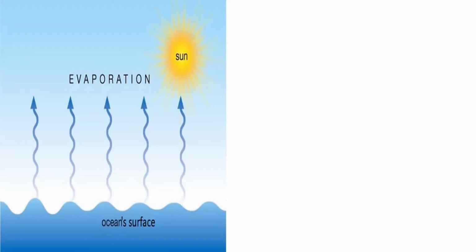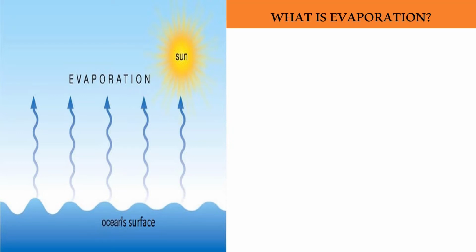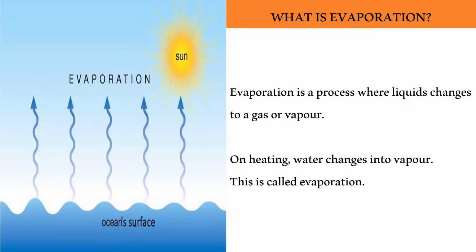Now here there is an ocean surface, evaporation and the sun. What does this mean? What is evaporation? It's written here. Evaporation is a process where liquid changes to gas or vapor. On heating, water changes into vapor. This is called evaporation. So when we are boiling the water, that is happening in the house.